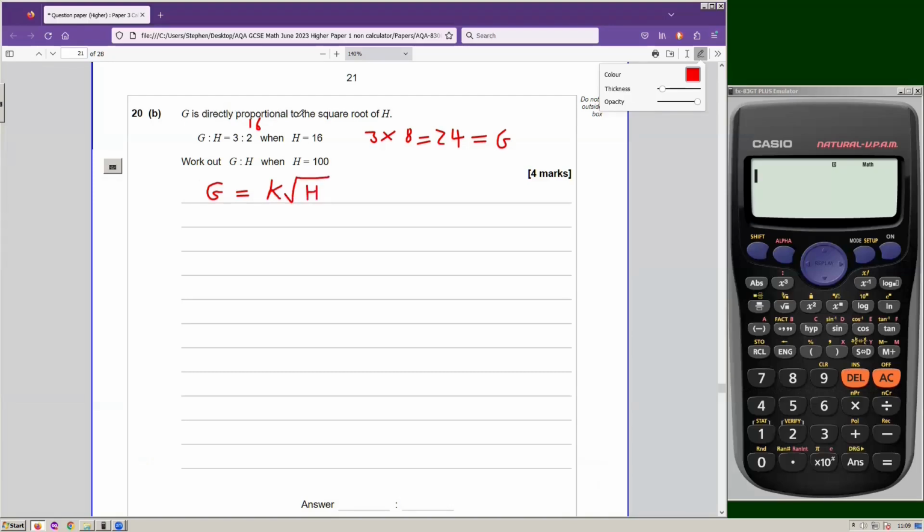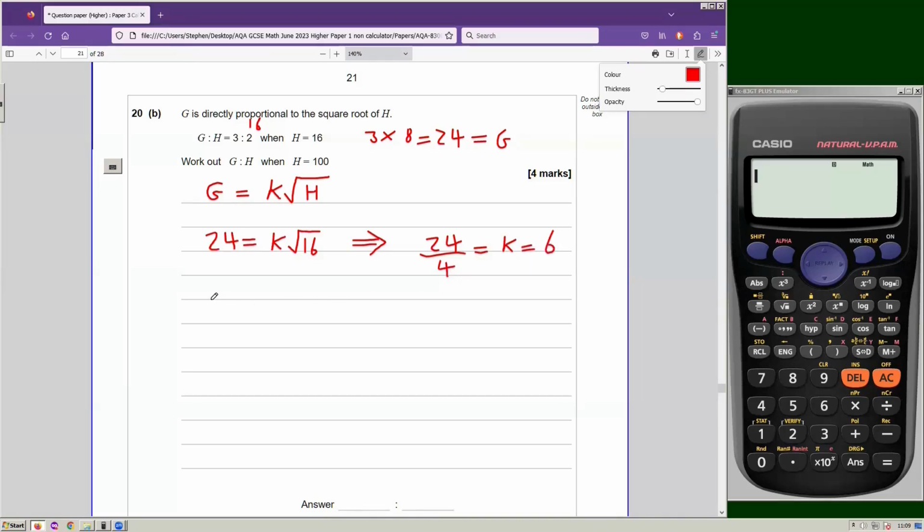G is directly proportional to the square root of h, so it's going to have a constant in front of it. So put in what we know, 24 equals K root of 16. Root of 16 is going to be 4. So therefore, 24 over 4 equals our K value, which equals 6.